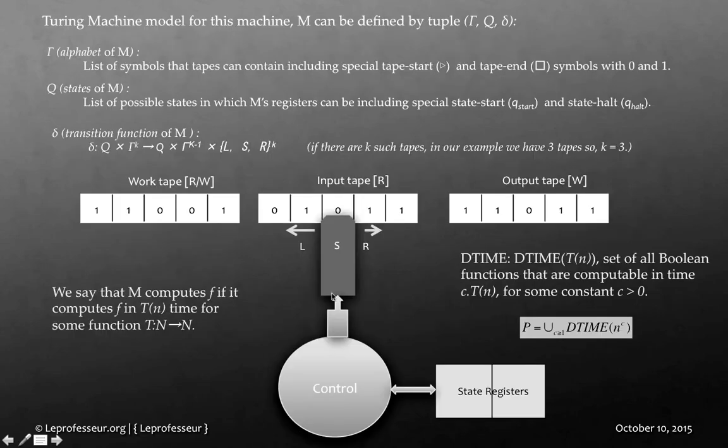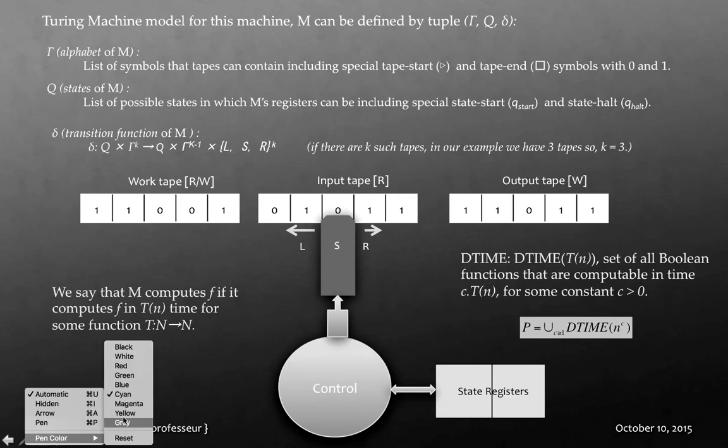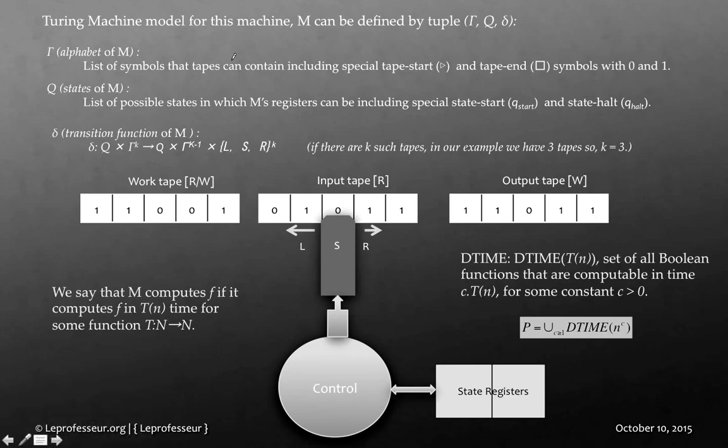So now let's go back to our previous example. We are trying to define a Turing machine. We have seen in our tape example, there was an input tape, a head, a control unit, state registers. Now extend that concept. Let's say we have 3 tapes.